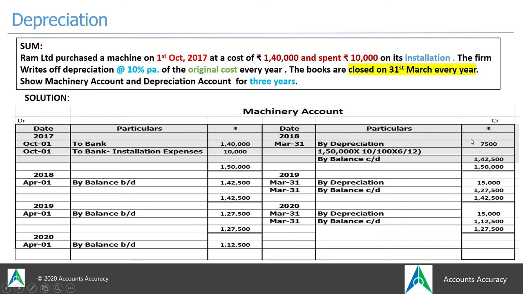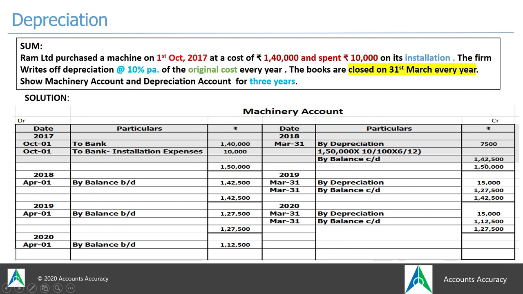So we can notice here every year we are depreciating 15,000, that is the fixed value of depreciation on the original value of the machine. We are not depreciating it on the reduced value but on the original value of the machine. So this is the straight line method, and in the first year it's not 15,000 but 7,500 because it has not been used for the whole year.